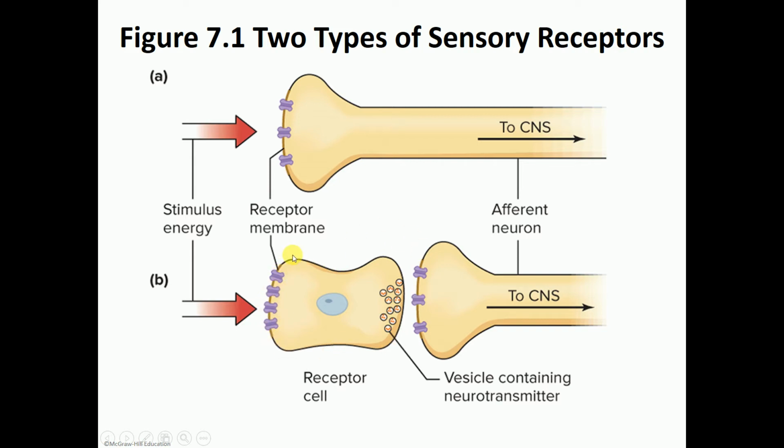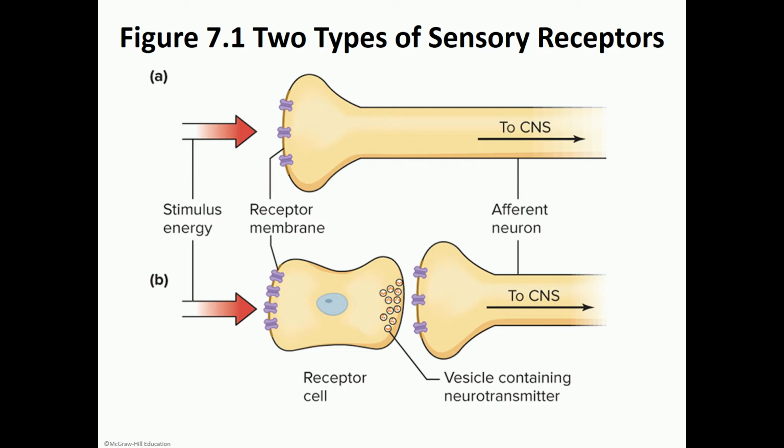So there's a little difference because we keep on using the term receptor. I want to make sure that you are aware that there are 2 different things that we name receptors. Remember, we talked about nuclear receptors and cytoplasmic receptors that would attach to a chemical ligand, a hormone, for instance, and lead to protein synthesis and so on.